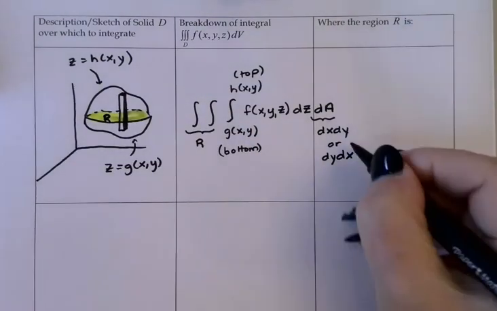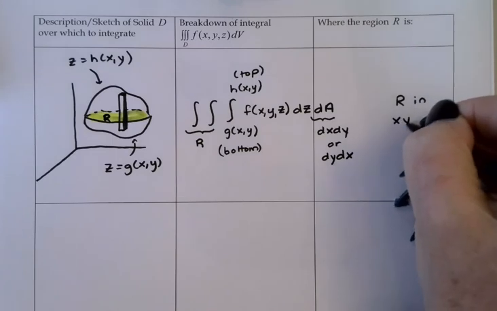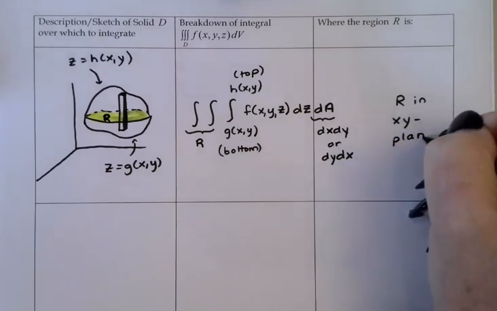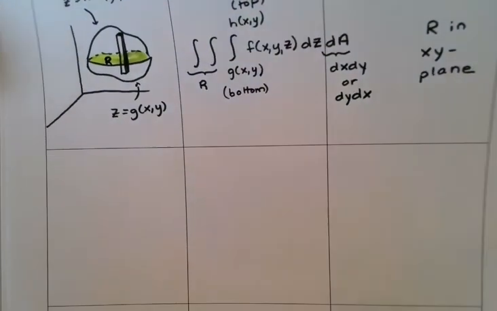The region R then is in the xy plane. All right, so that would be one possible setup. How else might this look?